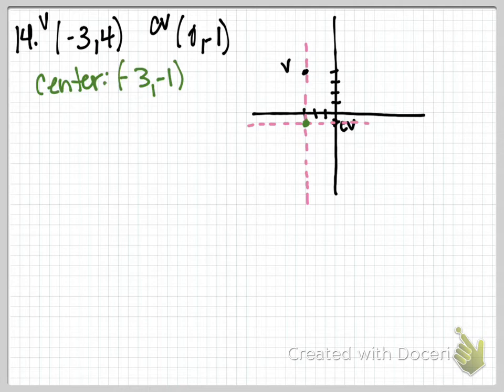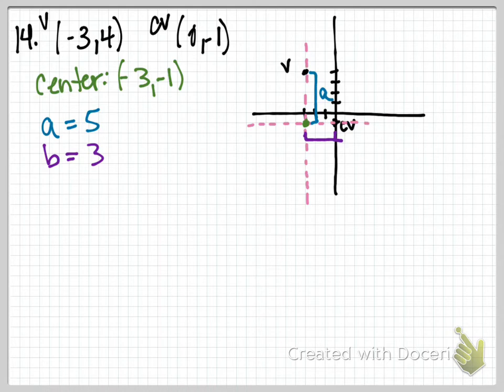Now, in order to find the equation of the ellipse, we need the center, we need A and B. Well, A is the distance from the center to a vertex. So that means that I have A equals 5. And B is the distance from the center to a covertex. So then I have that B equals 3. You also need to know, is this a horizontal or a vertical ellipse?